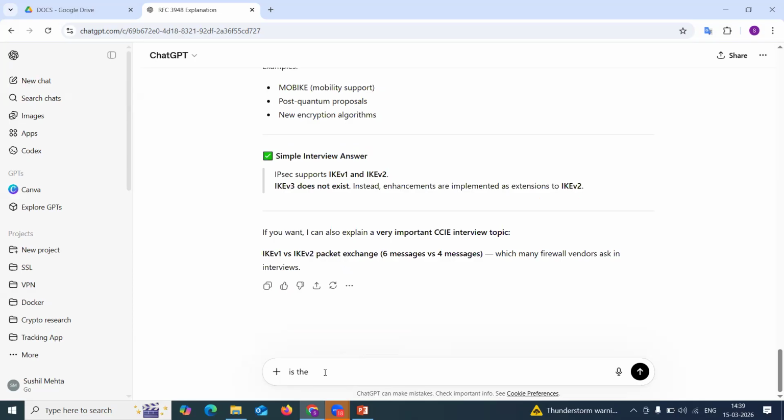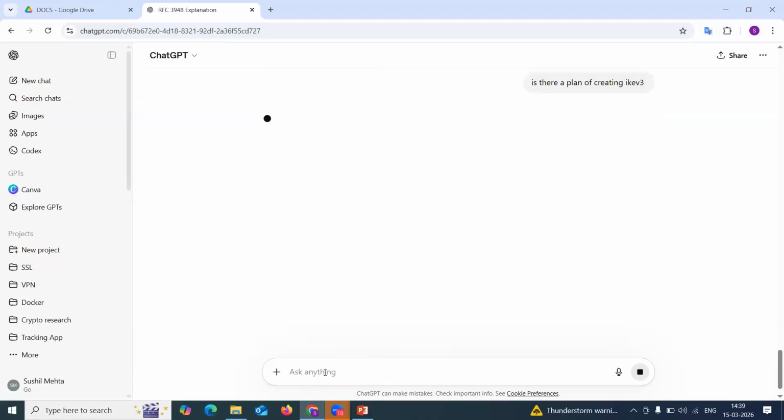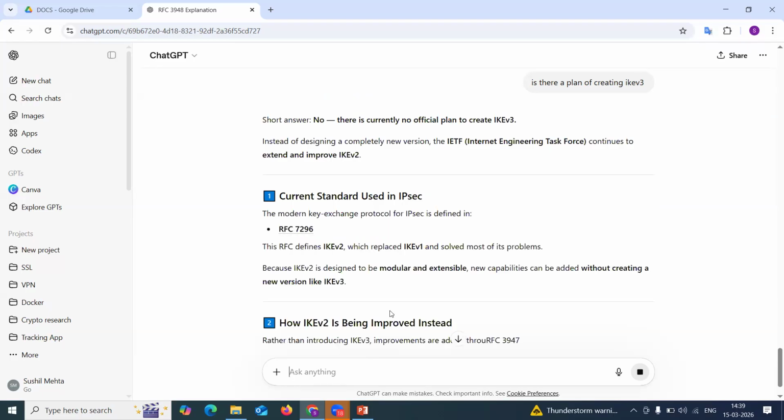Is there a plan of creating IKE version 3? Yes, there is a plan going on. There's no official plan, but unofficially, yes. Because IKEv2 is designed to be modular and extensible, new capabilities can be added without creating a new IKE version 3.